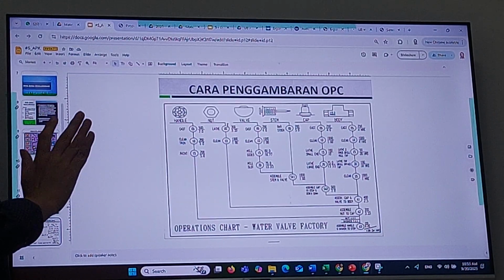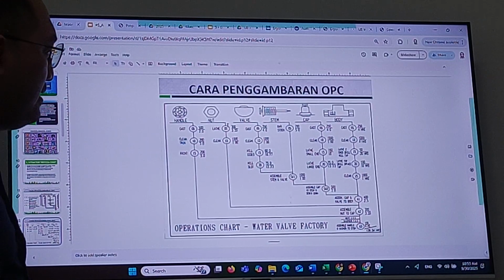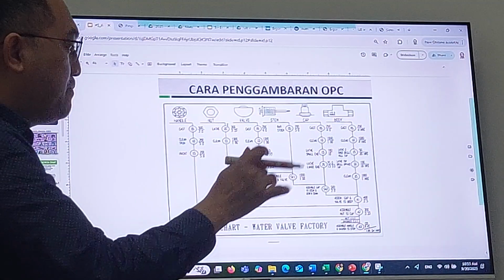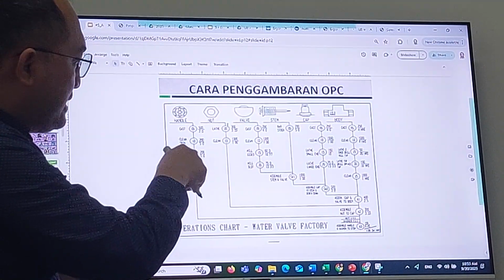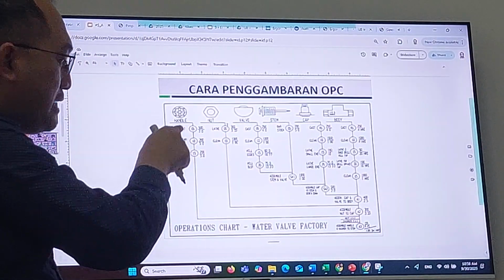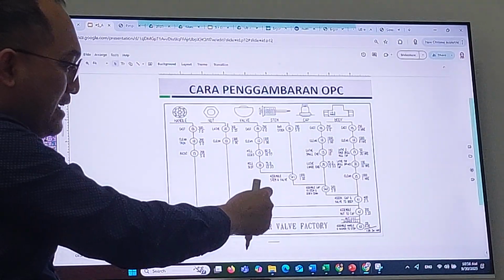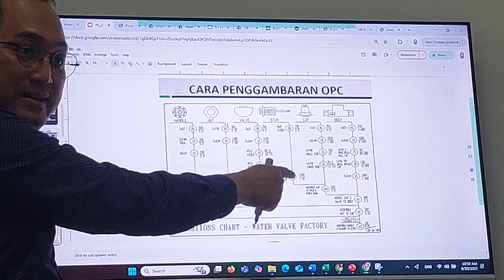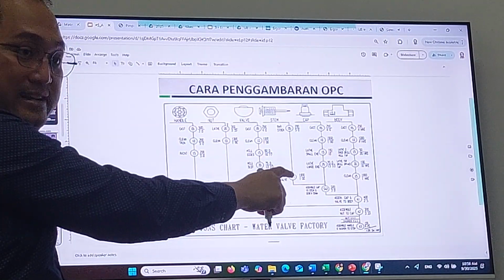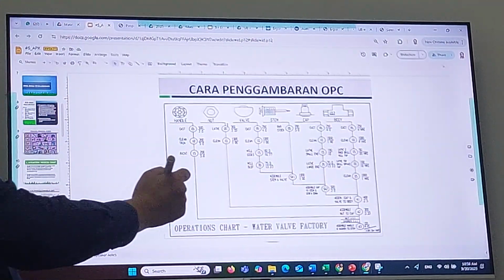Kalau dia dirakit akhir, taruh paling kiri. Supaya apa? Dia tidak melanggar. For example, if we will assemble this handle with the stem, do not put the handle here. Put the handle here, because we can assemble the stem and handle here. Do not cross it. Understand?